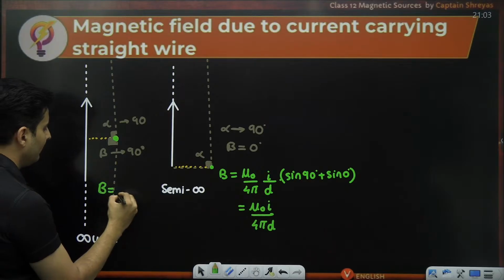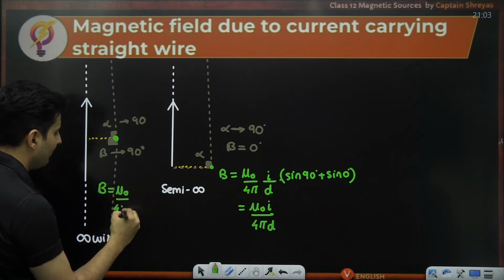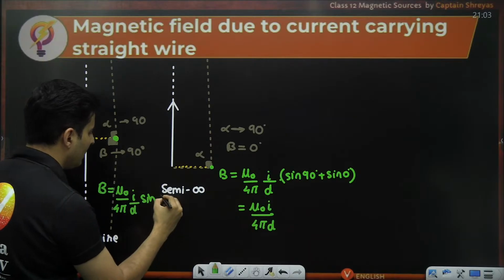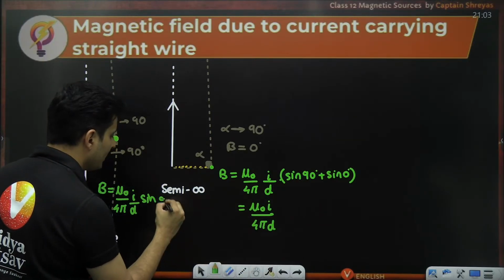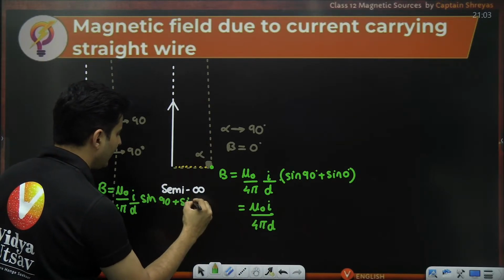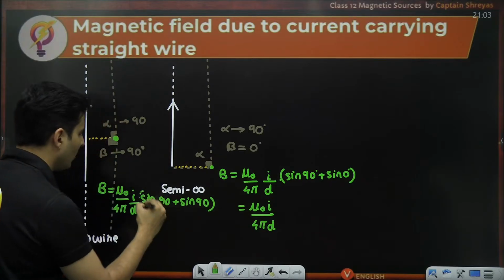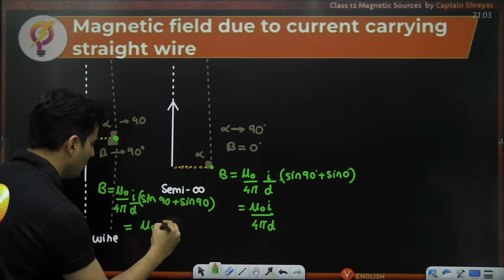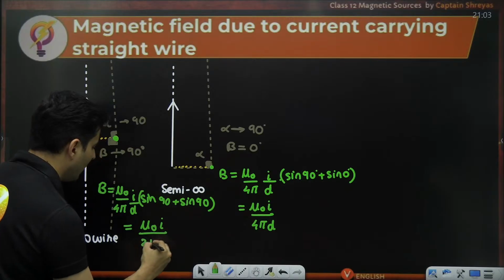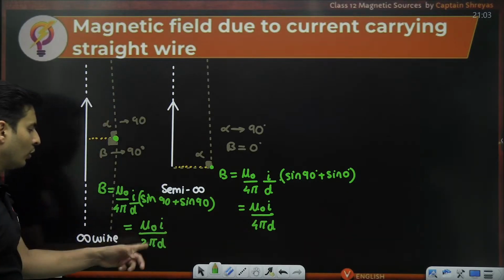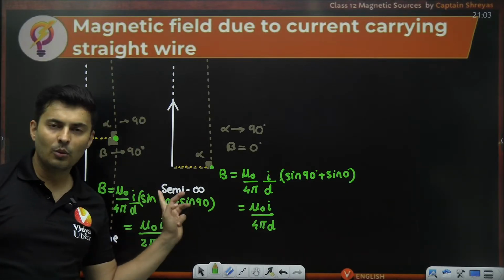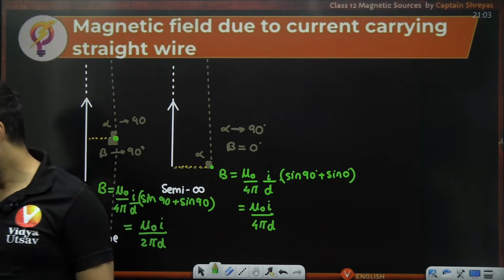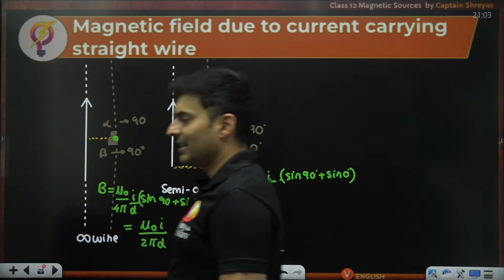The magnetic field will be mu naught by 4 pi, I by d, into sine of 90 plus sine of 90. What is sine 90 plus sine 90? 1 plus 1 is 2. So it will become mu naught I divided by 2 pi d. That 4 became 2 because 1 plus 1 is 2, and 2 and 4 cancel to become 2. Cool? Perfect. That's the answer.